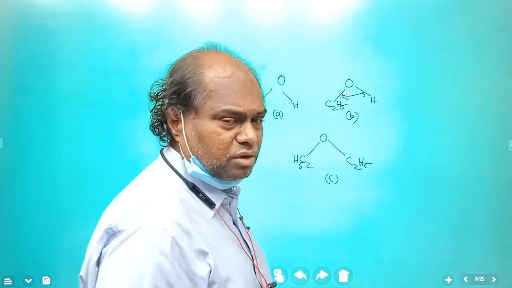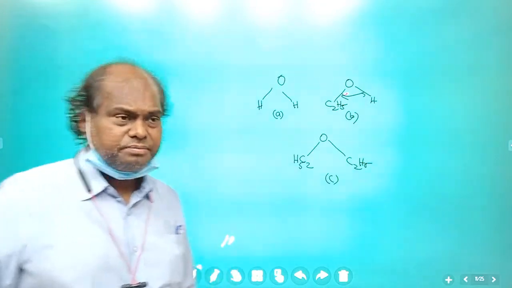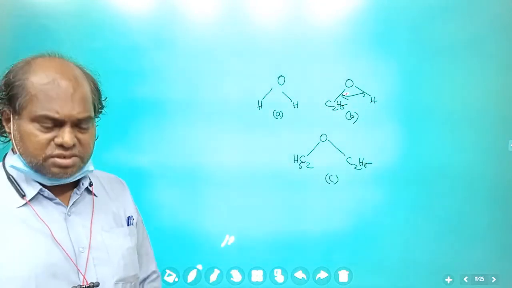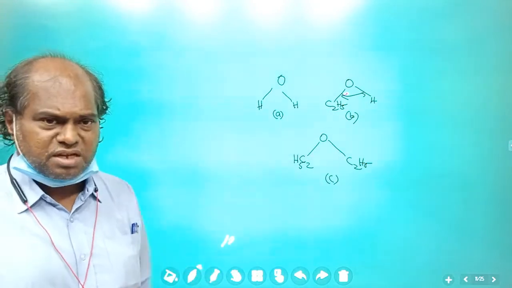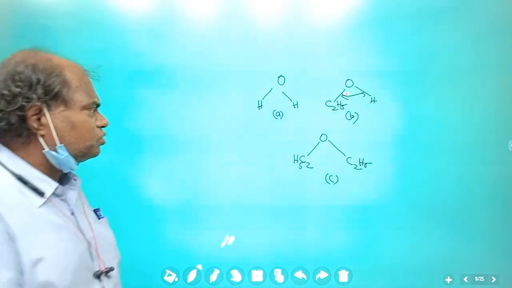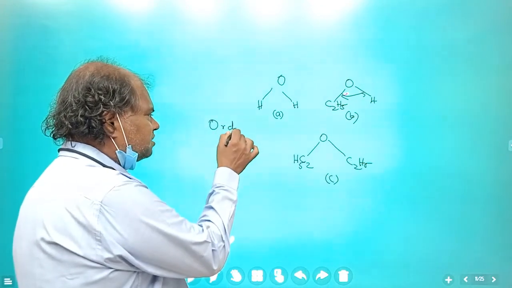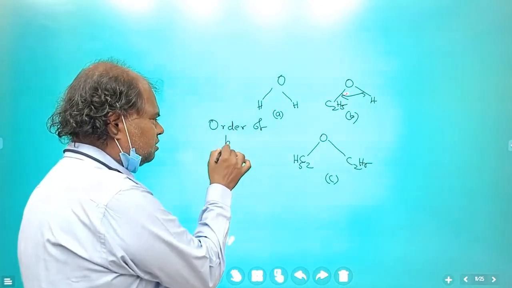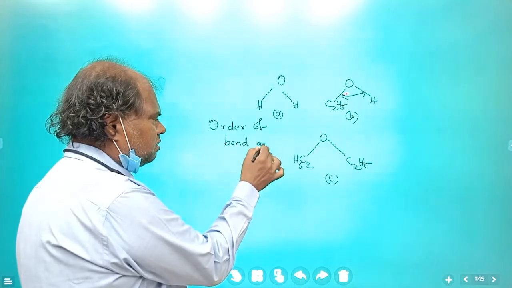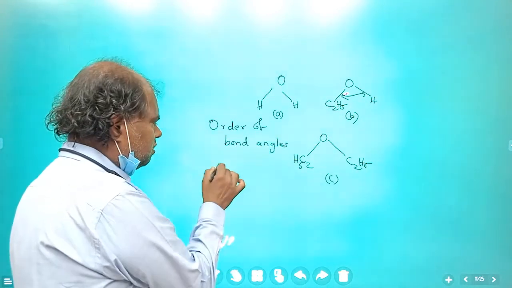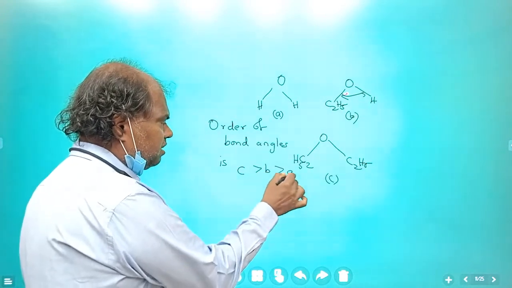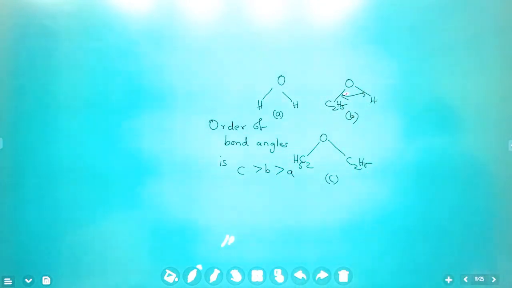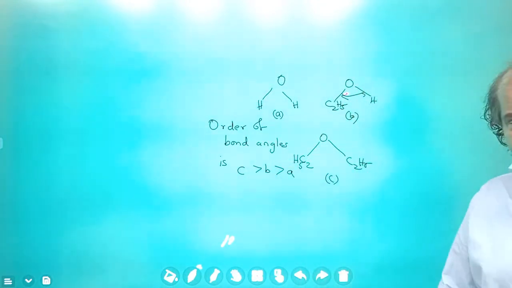Because you've got two C2H5 groups. Very clear? The C2H5 will occupy more space, so angles will increase. So what is the order of bond angles? C will be the highest, followed by B, followed by A. I'm sure this is due to the huge size of the C2H5 group.